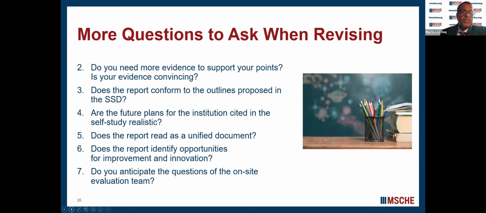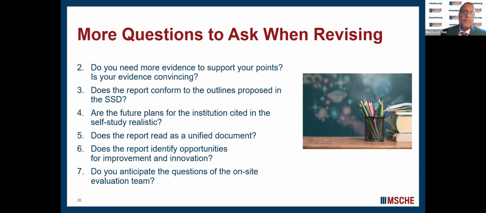Are the future plans of the institution cited in the self-study realistic? Does the report read as a unified document? Again, the one voice issue comes in. Does the report identify opportunities for improvement and innovation? So as you know, this is not only about compliance, but also about improvement and innovation.